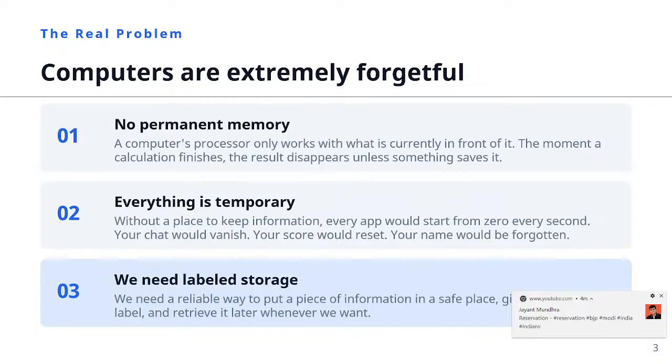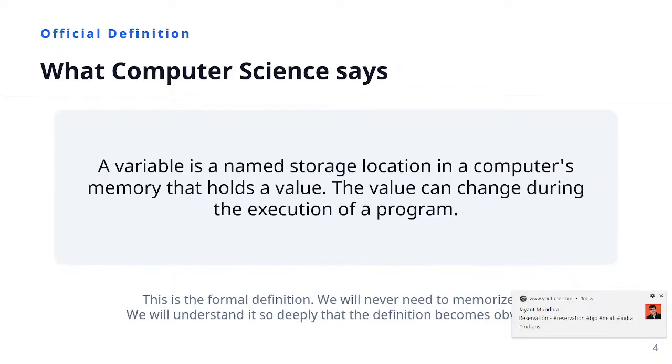Unless we deliberately save it somewhere, without a way to store information, every app would start from zero every single second. Your chat would vanish, your score would reset, your name would be forgotten. This is why variables had to be invented, and this is the main motive of this session.